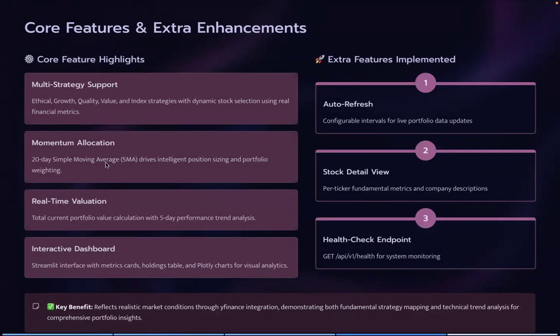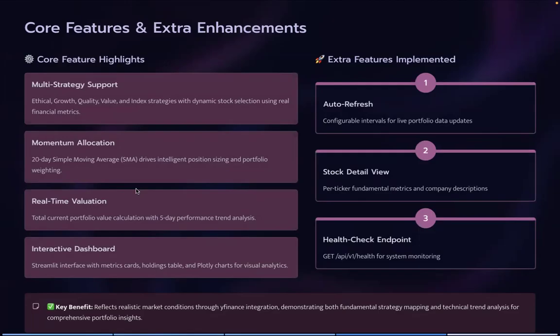Then we have momentum allocation. We have a 20-day simple moving average that drives intelligent position and portfolio weighting. Then we have real-time valuation. So our current portfolio will take the past 5 days performance and give you a trend. And the dashboard is very interactive.